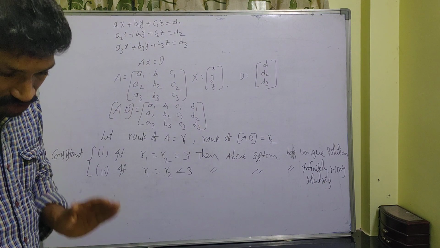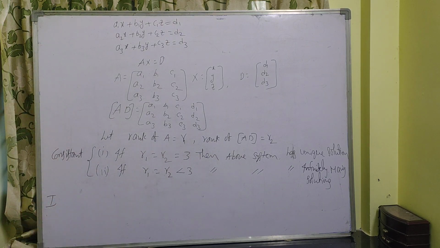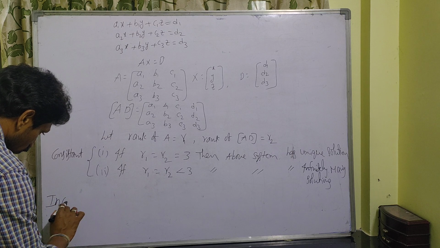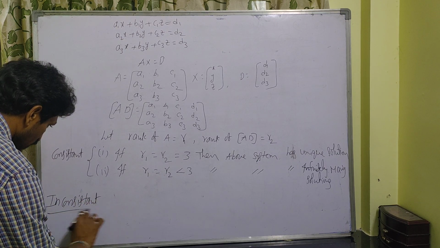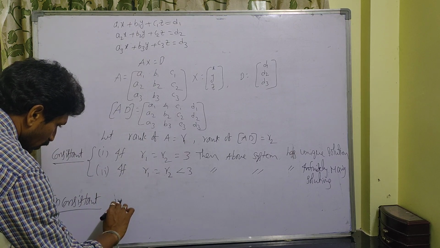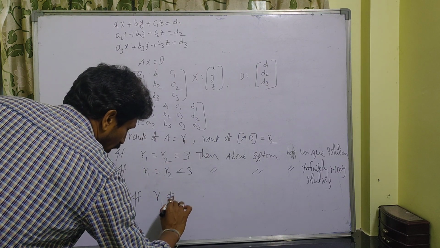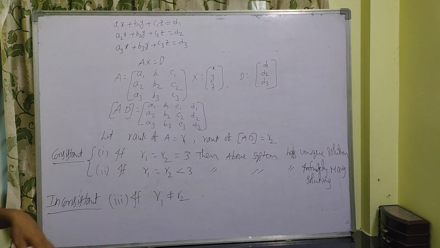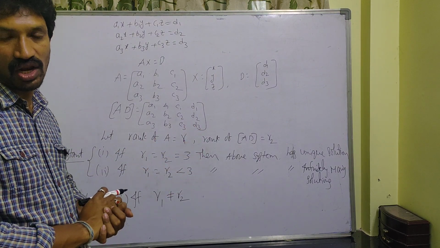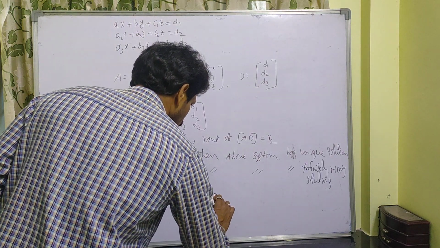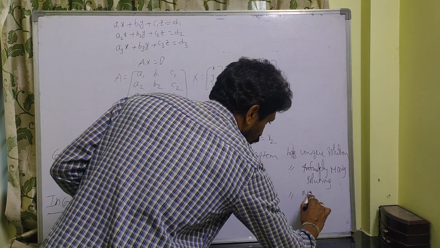Okay, next the third case is inconsistent. In this case, if R1 is not equal to R2, okay, rank of A exists, rank of AD exists, but they are not equal, then the above system has no solution.